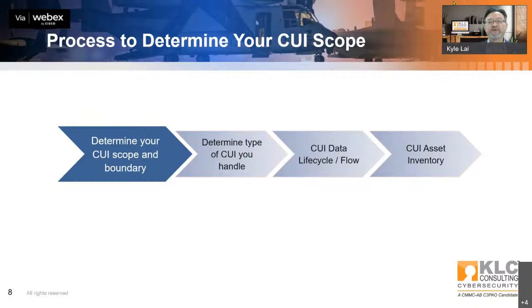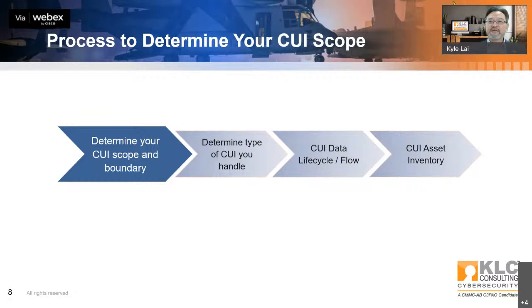Because if you don't know what type of CUI you have, how do you know which systems are processing CUI? So that is the first thing we have to resolve: determine what CUI you have within your organization, what you support for the government DoD contract. Because we are talking about CMMC, our focus is going to be more on the DoD specific CUI assets and CUI data that we're talking about today.